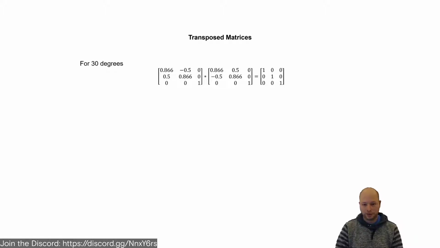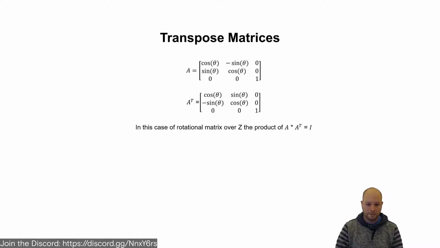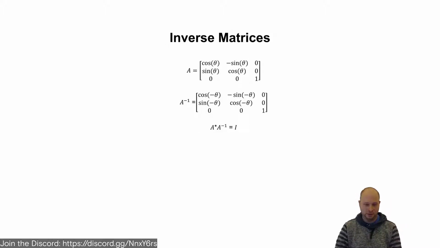So let's just do the transpose, and we'll see for 30 degrees we get the exact same thing. For 60 degrees, the exact same thing as before, and same for 90 degrees. So we really just benefit from being able to use the transpose instead of the inverse for rotational matrices.